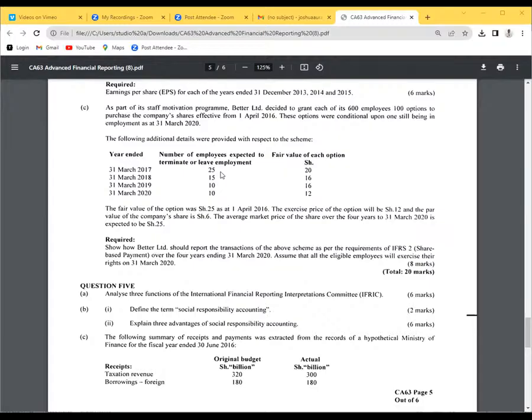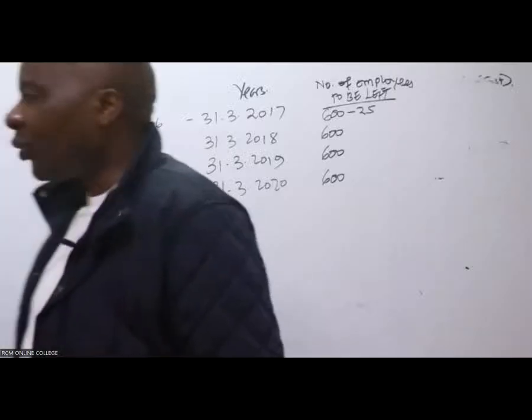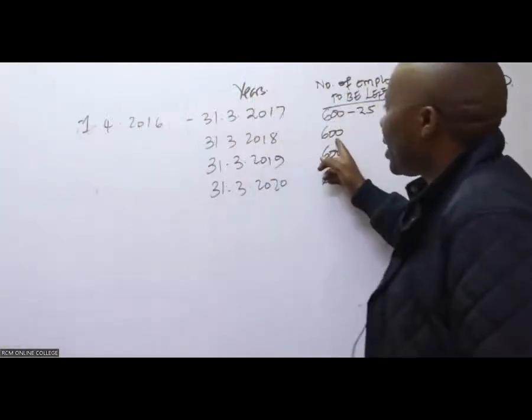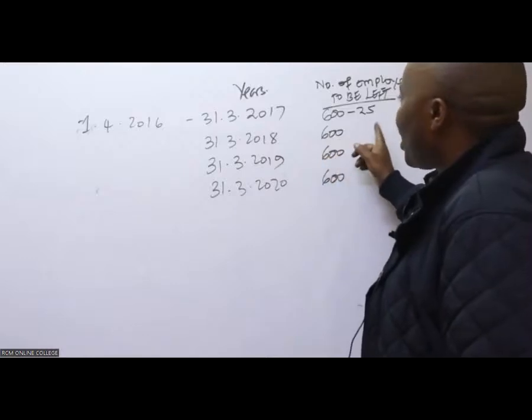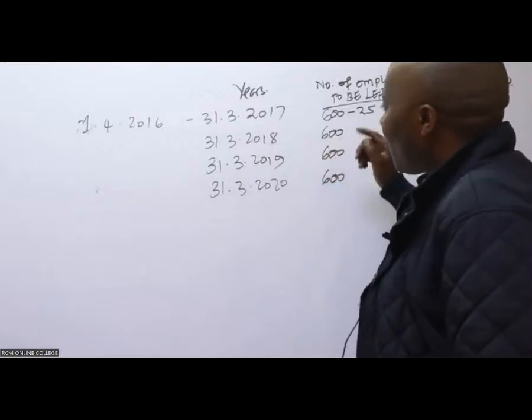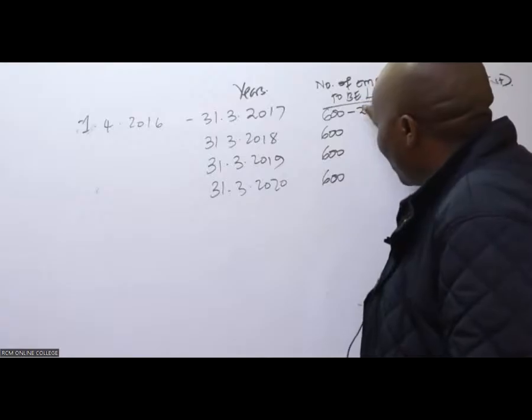All right. So when you go to 2018, we expect 15 to leave. But remember, you have decided to start with 600. If 15 leave in the second year, then I have to remember that I lost 25 in the first year.